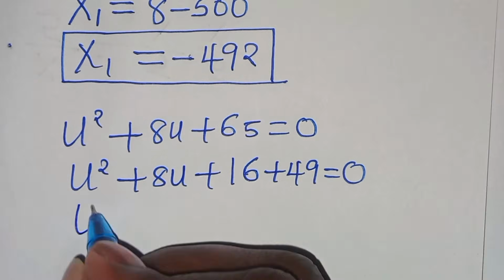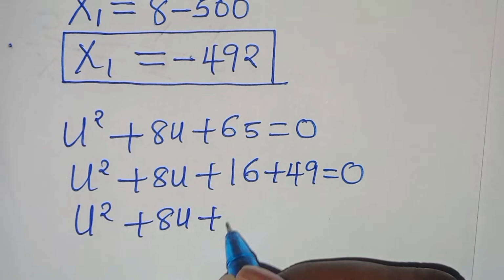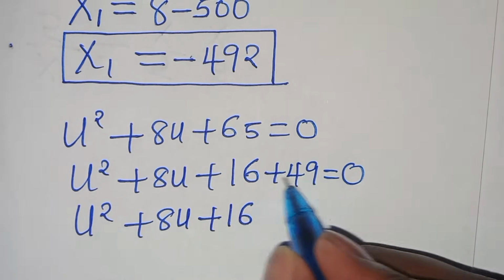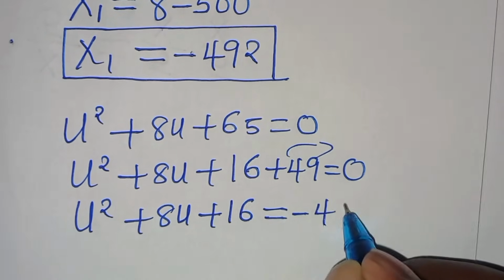Now this is u^2 + 8u + 16, and let's take +49 to the right hand side. This is equal to negative 49.